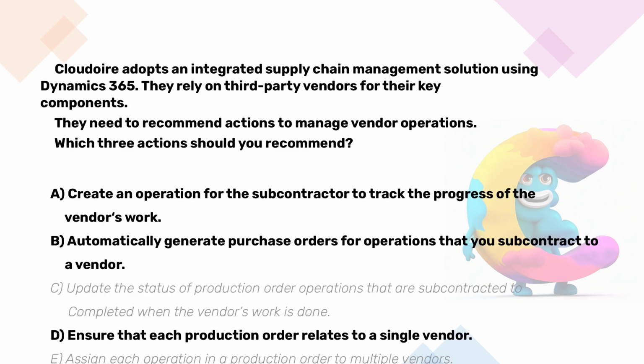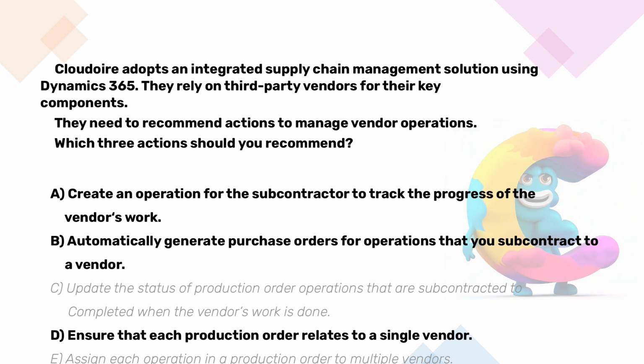Create an operation for subcontractors to track progress. This action ensures that each subcontractor can effectively track their operations, providing insights into progress and any delays or issues encountered. Also, automatically generate purchase orders for subcontracted operations.